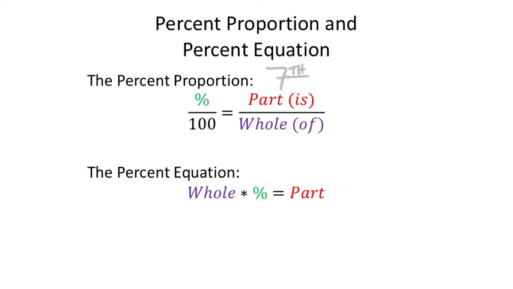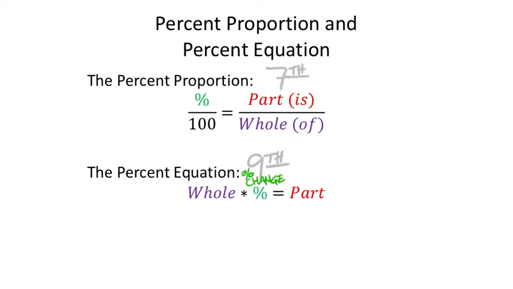But today, we're going to be using the percent equation. This is for 9th grade stuff. Now, the percent there is really like a percent of change, which we're going to have to keep in mind. Percent of change is kind of the name of our lesson. It's the objective for us today, which means that you take the whole, multiply it by the change, and then you get kind of like a part right there.